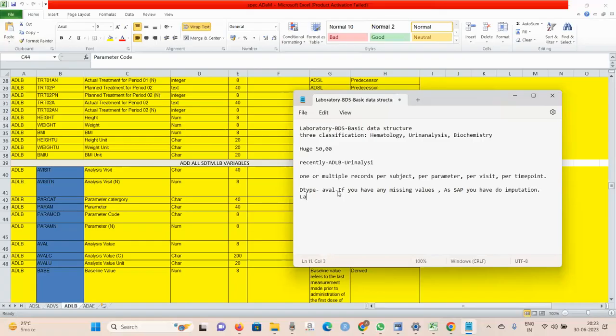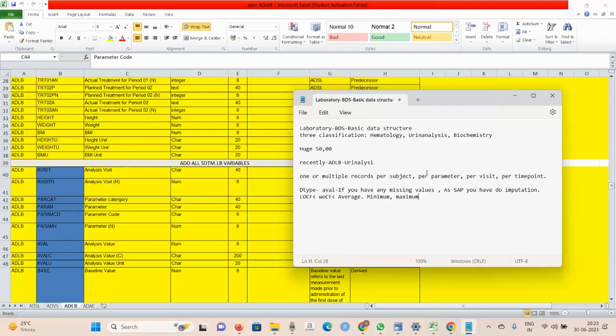You have to do some missing imputations, either last observation carried forward, which we have discussed, or worst observation carried forward, or average, maybe minimum, maximum. If you go more toward efficacy, they will have more.